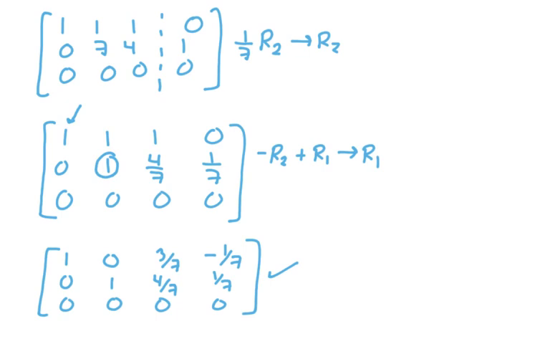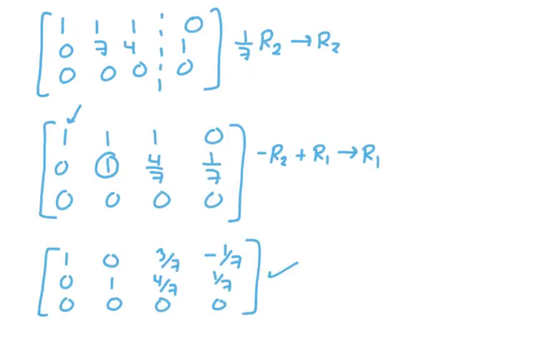So now we're set. Now what is this going to look like? x1 plus 3/7 x3 is equal to negative 1/7. And then I'm going to go x2 plus 4/7 x3 is equal to 1/7, right?